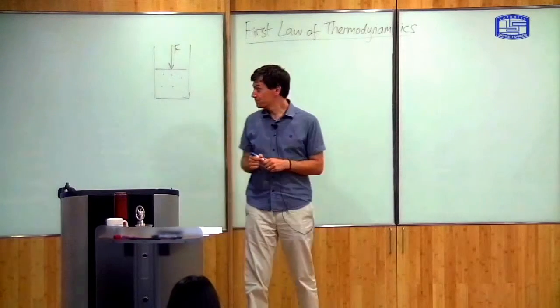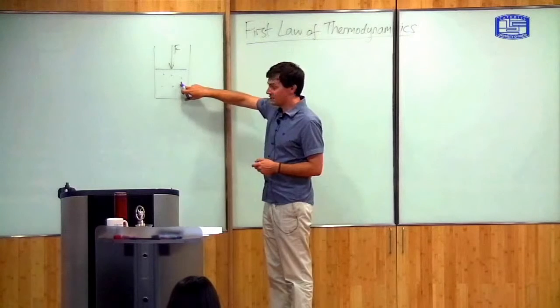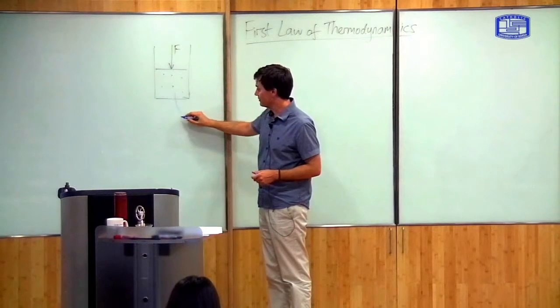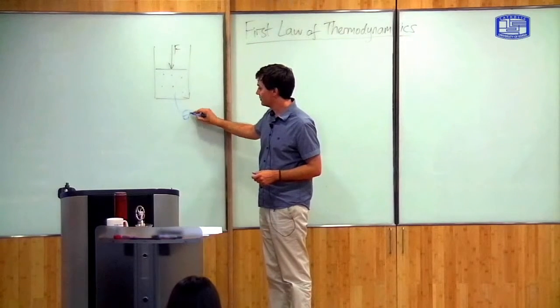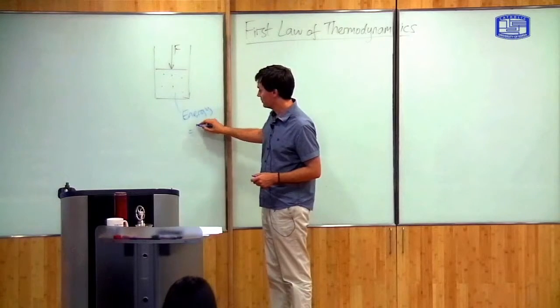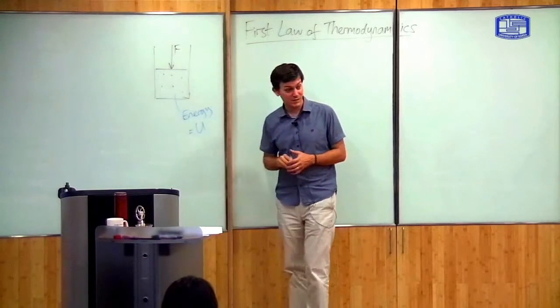Okay, so I've got this gas in the box, right? This gas has a certain amount of energy which is equal to U. We call U the energy of the gas.